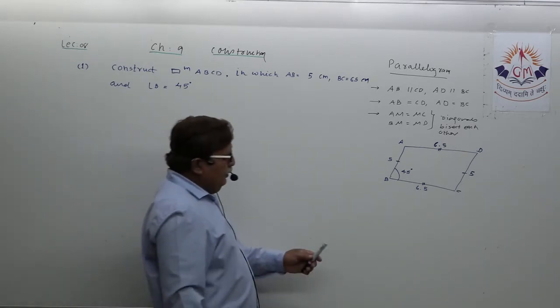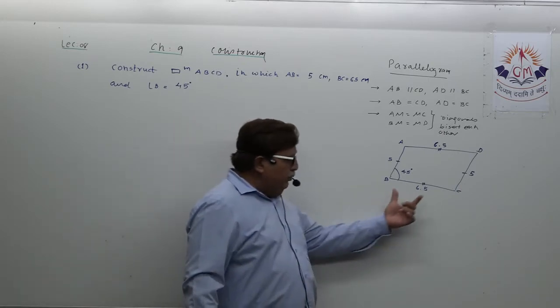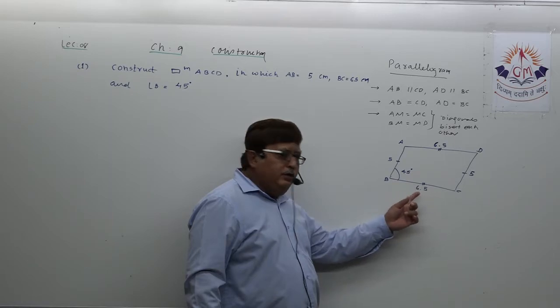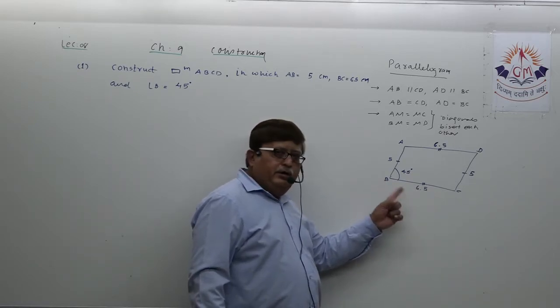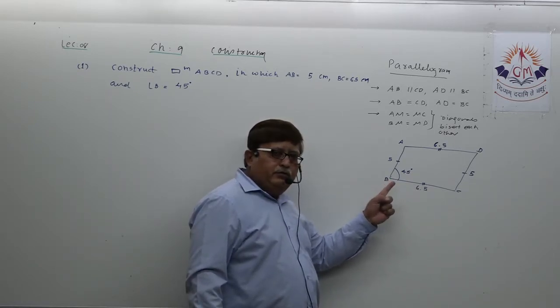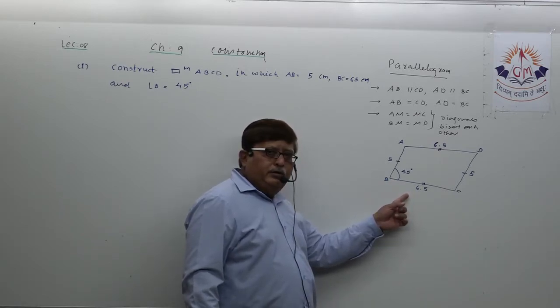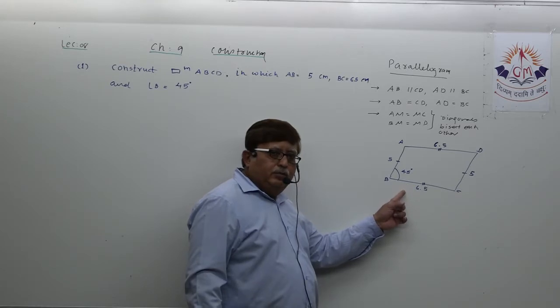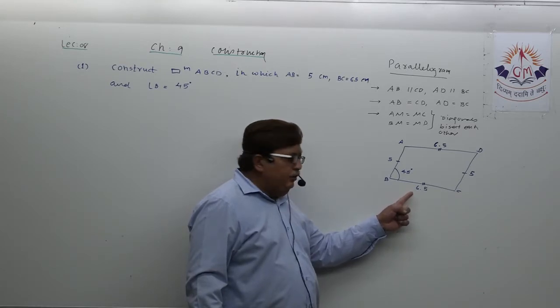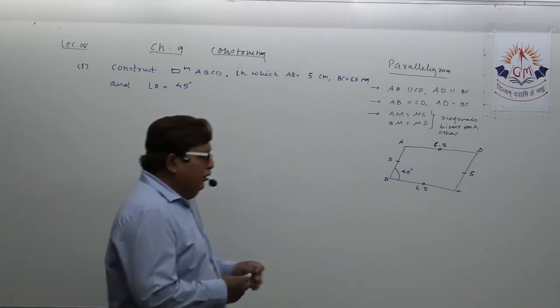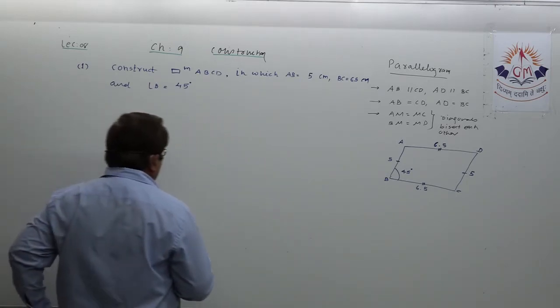First, can you say what we will target? First, we will target the base for construction of this parallelogram. You will target BC first. What is BC? 6.5 centimeter. So let us do it first.